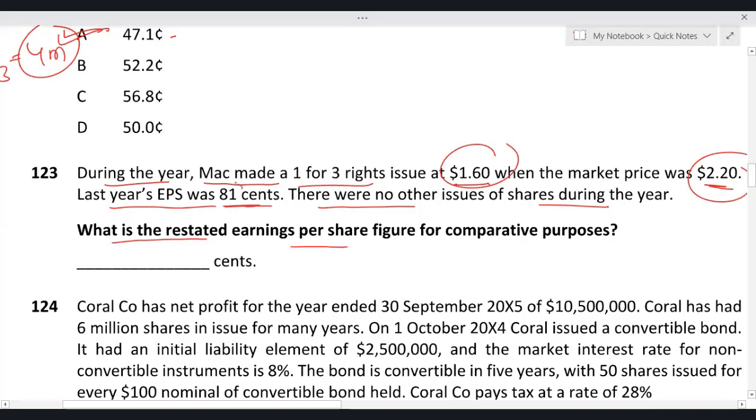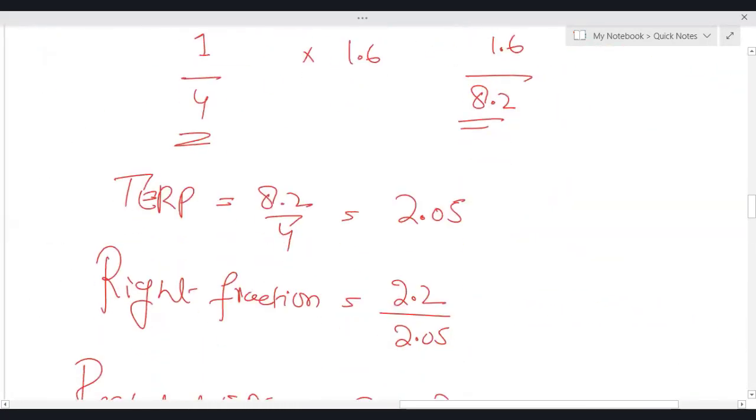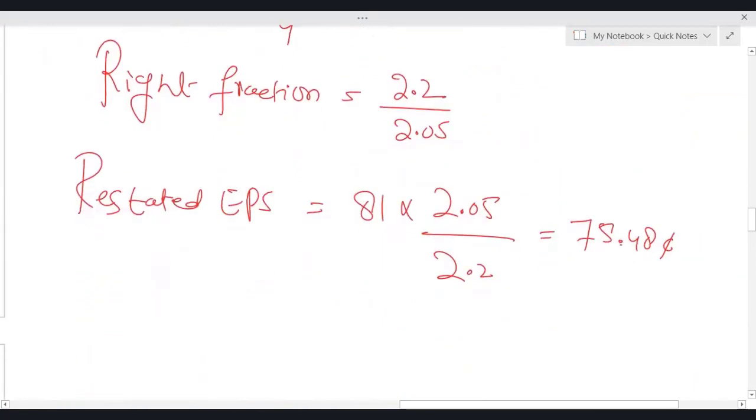Since in the previous year the examiner did not use any decimals, over here you should also not be using any decimal. So the answer is 75.48, but instead of this we will just go for 75 cents. Why? Because the examiner has not used any decimal in the previous answer.